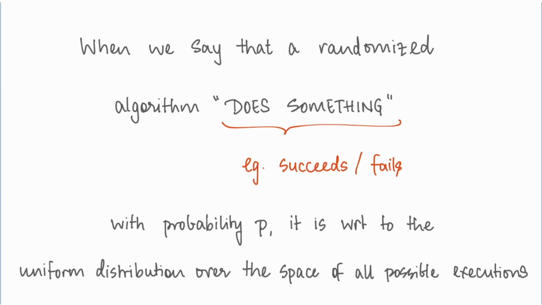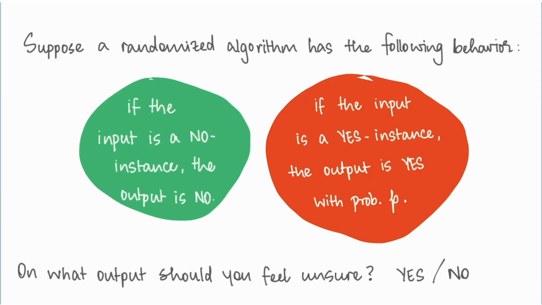Now let's turn to a specific scenario. Suppose I give you a randomized algorithm which has the following behavior. If it gets a no instance of the problem that it's trying to solve as input, then it's guaranteed to output no. It never makes a mistake on a no instance.